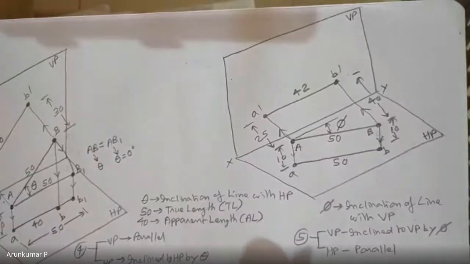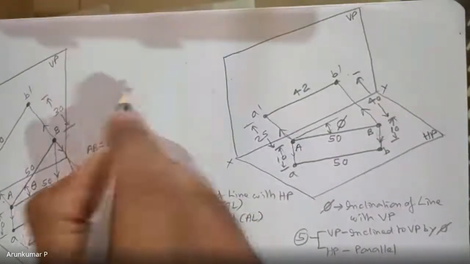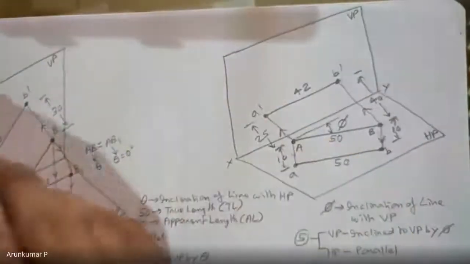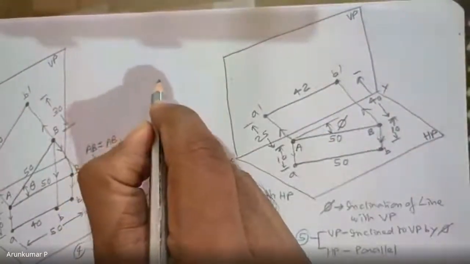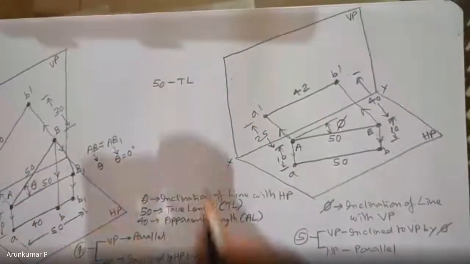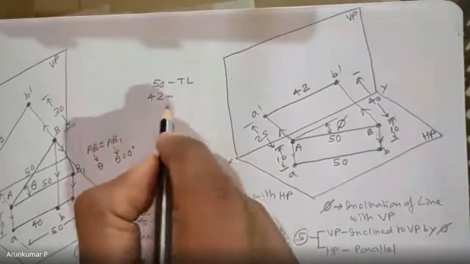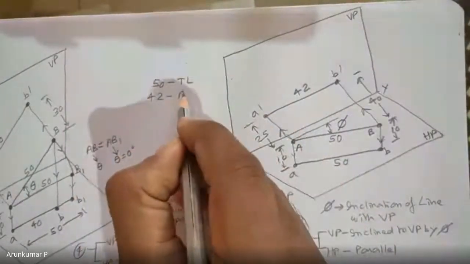So now the point to be noted here is this: 50 mm, of course, is the true length, no problem. This 42 mm which I am getting in the front view is the apparent length.